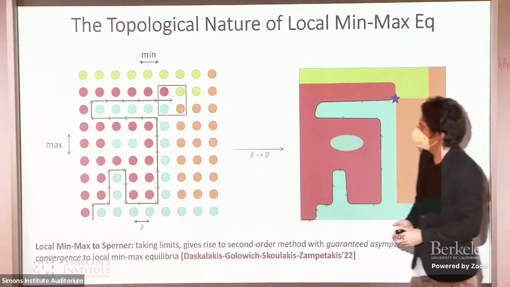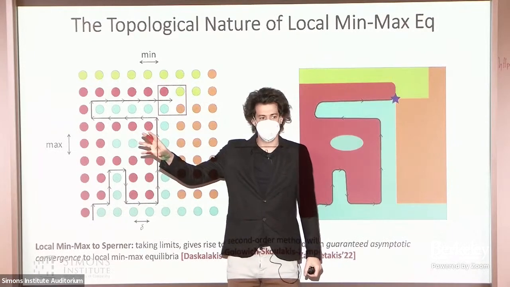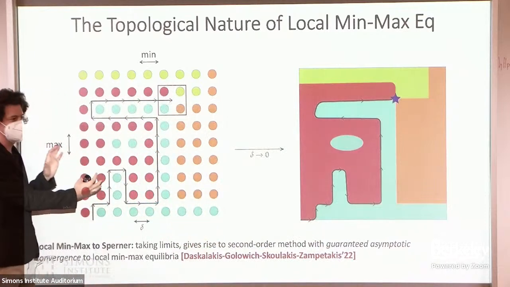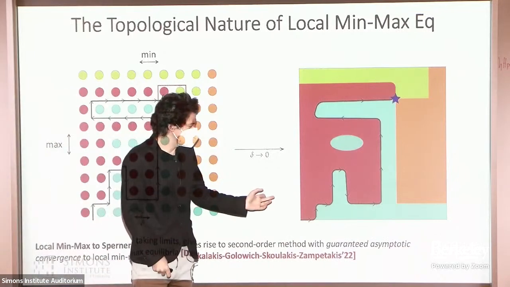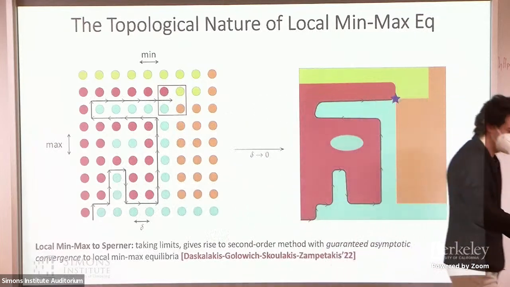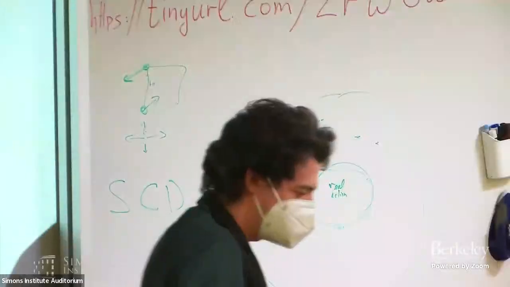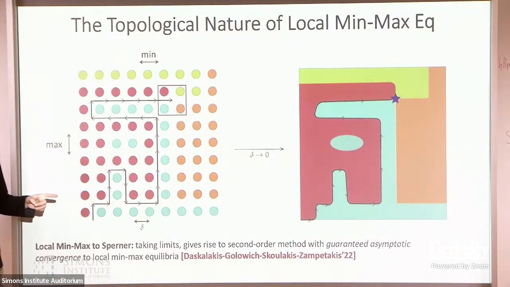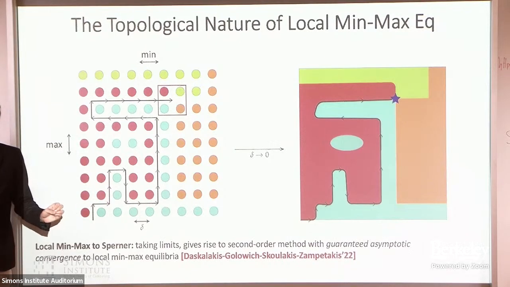So, inspired by this mapping from local min-max optimization to Sperner, we take the sizes of these squares to 0, and that gives rise to a continuous time dynamic that we call SCD, not GD, Sperner continuous dynamics, which is a second order method with the property that it is guaranteed to get to a local min-max equilibrium.